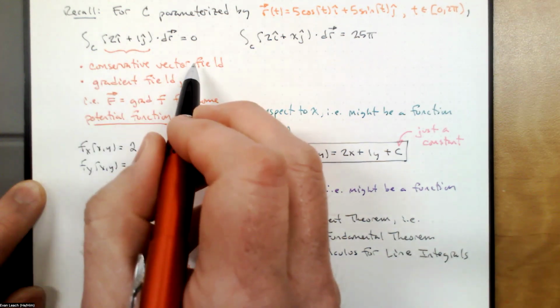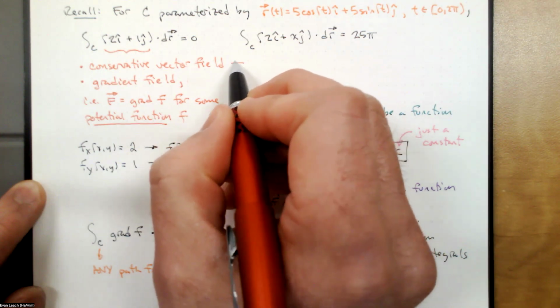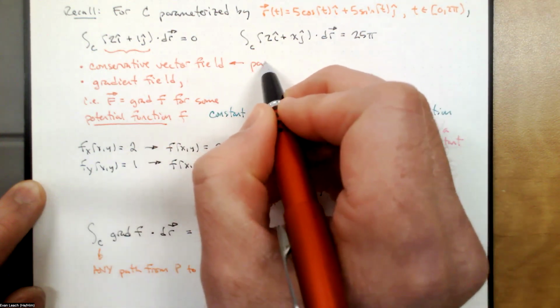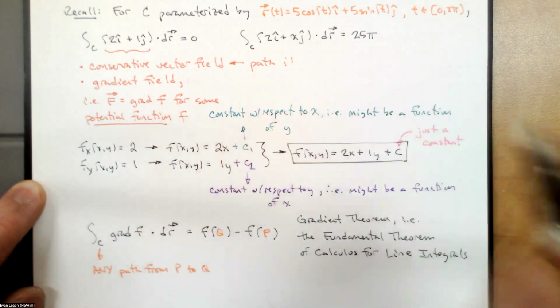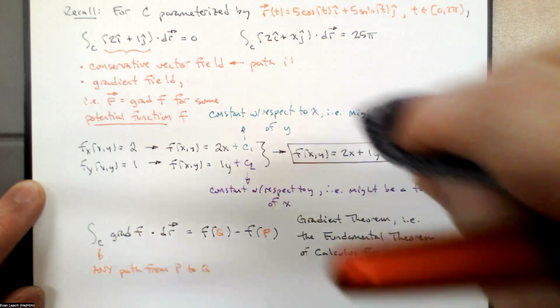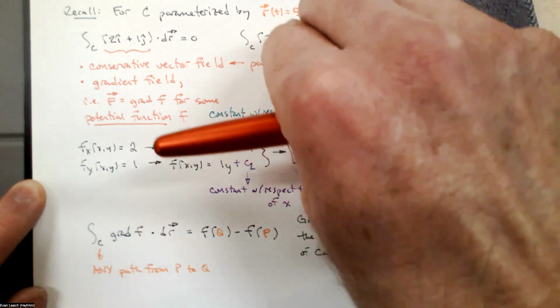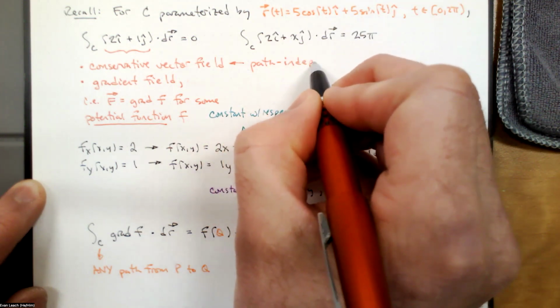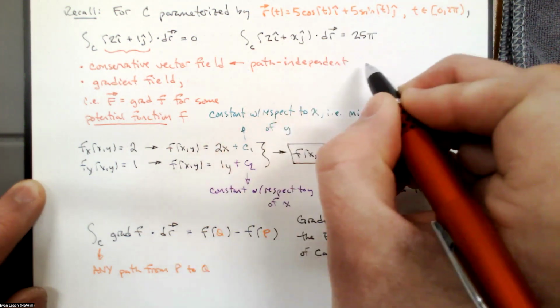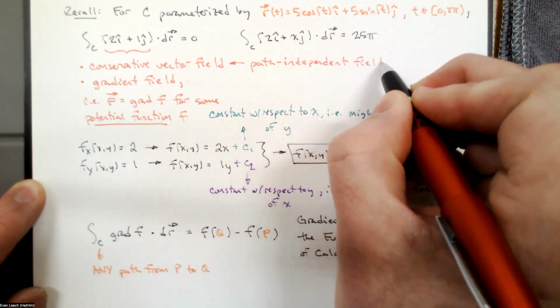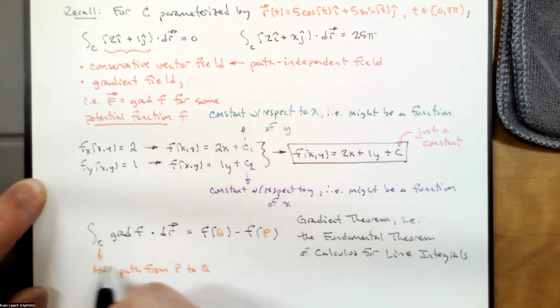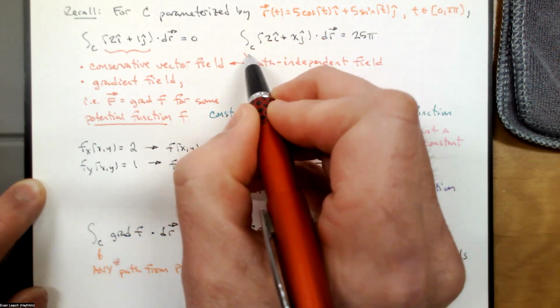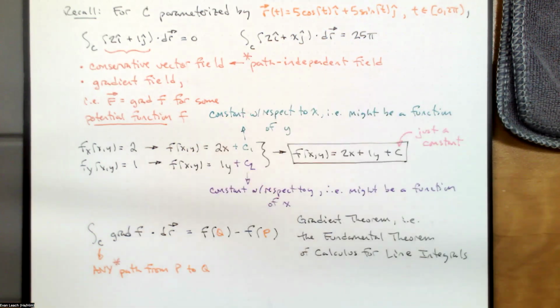Gradient fields and conservative vector fields are path independent.